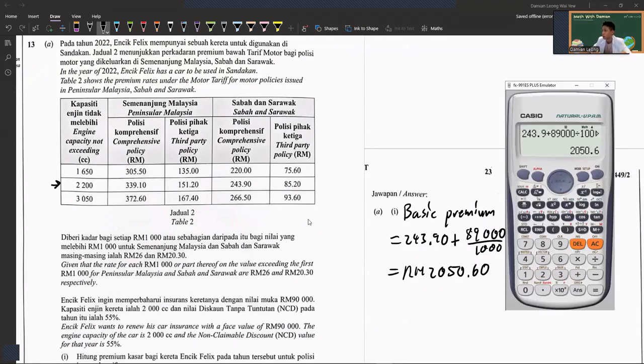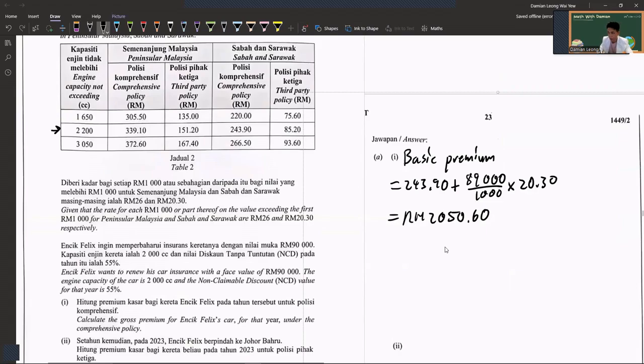Correct. Then the gross premium, okay, is 55% discount, means the price will be 45% off the basic premium.